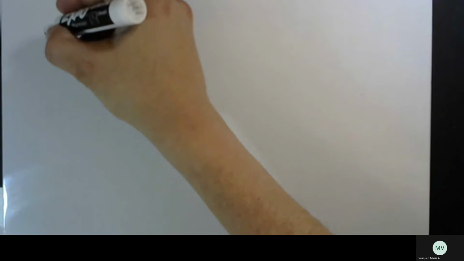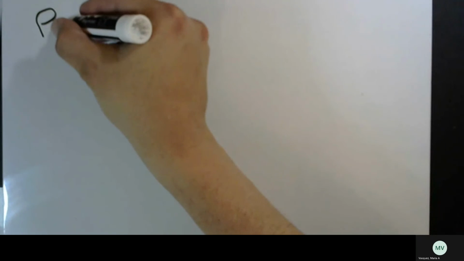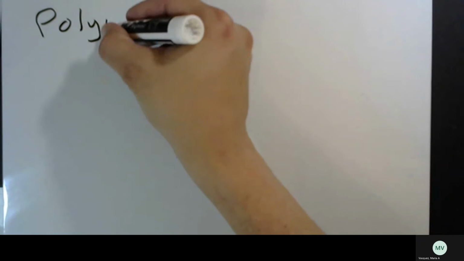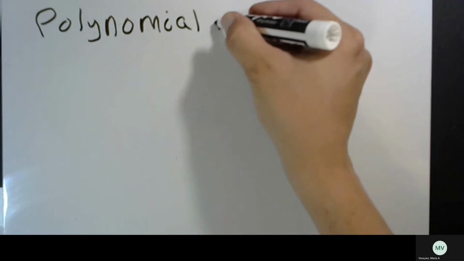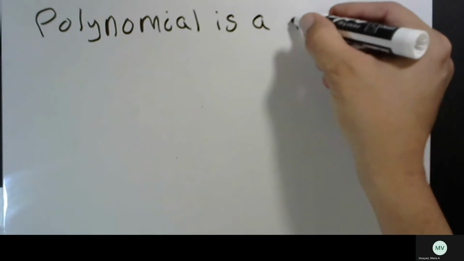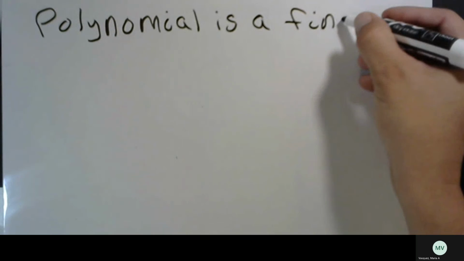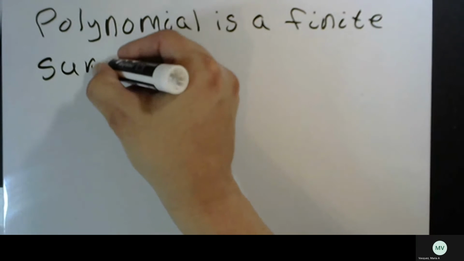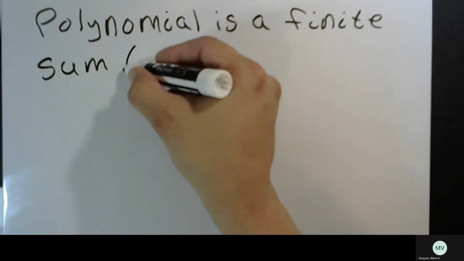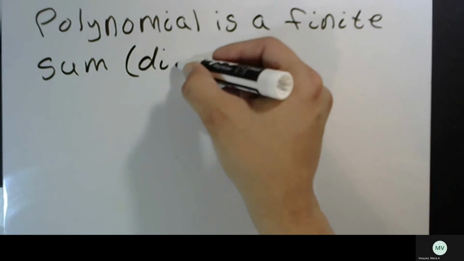Into this topic called a polynomial, and it's a finite sum, and some could also mean difference, actually, like adding a negative.